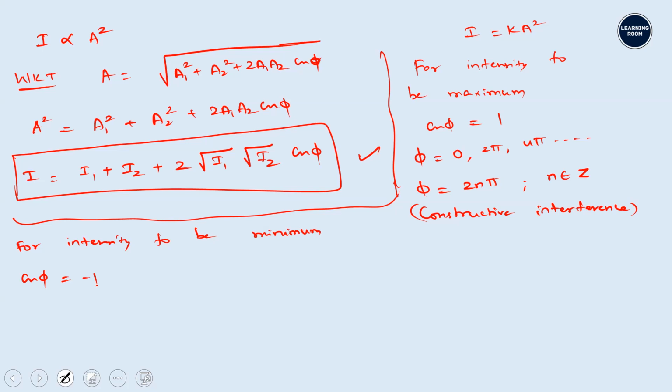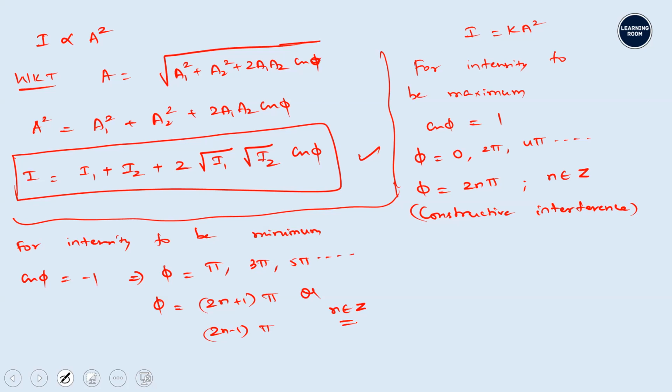When I say cos phi is minus 1, then phi can take all odd multiples of pi. It can be pi, 3 pi, 5 pi, so on. So what will be the value of phi? It will either be (2n plus 1) into pi or (2n minus 1) into pi, where in both scenarios n belongs to the integer set alone.